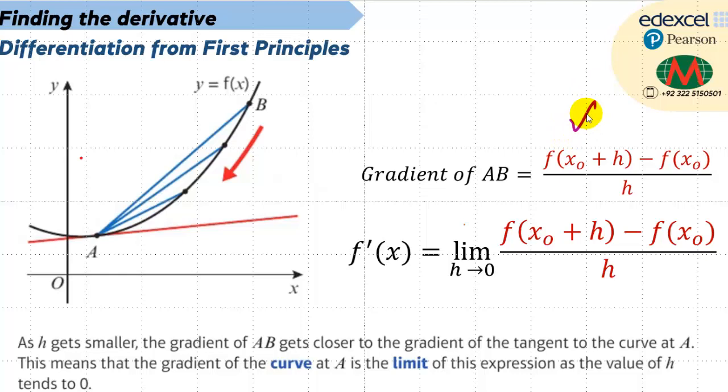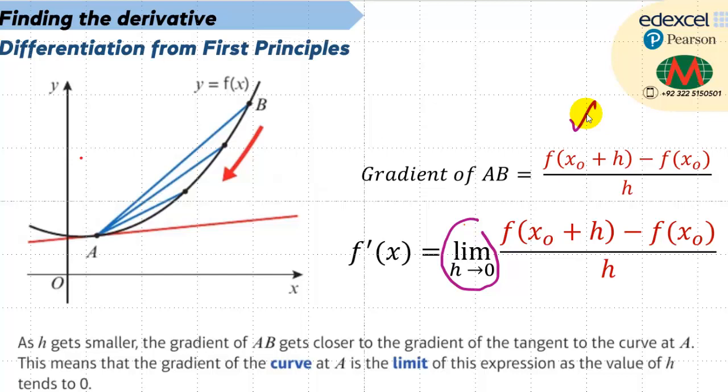will become the gradient of the tangent line. So for the concept of getting closer and closer, we use limit h tends to 0, and this h is basically the horizontal distance of that right angle triangle. When the horizontal distance gets smaller and smaller, a time will come when it becomes close to 0.